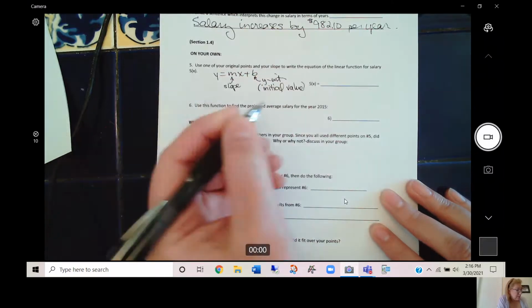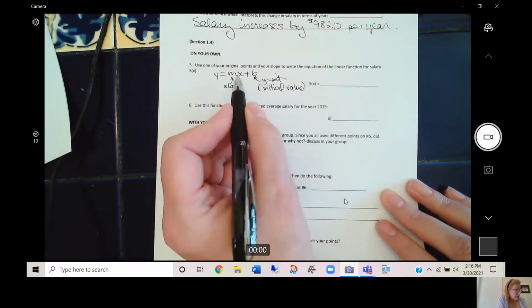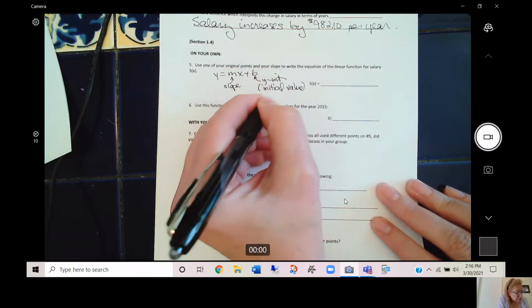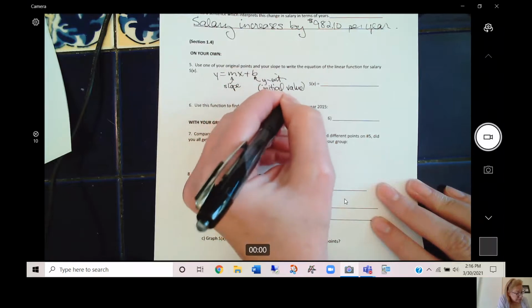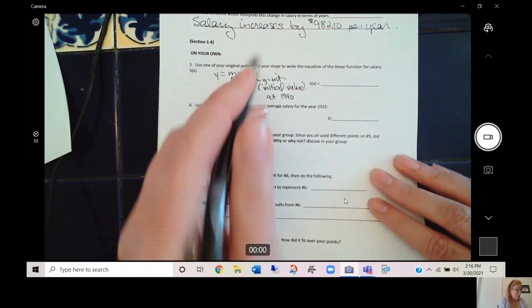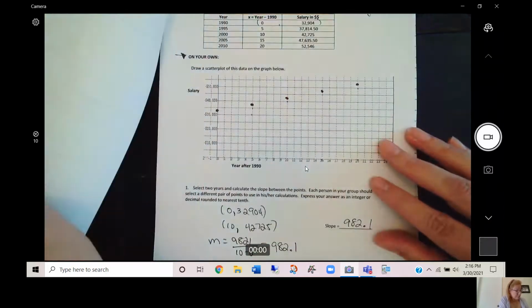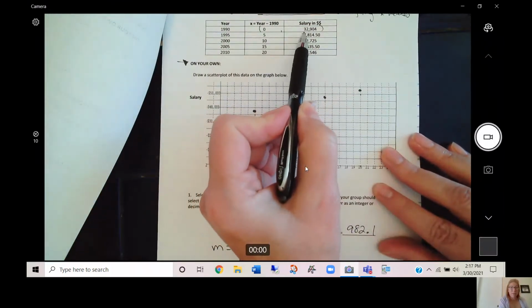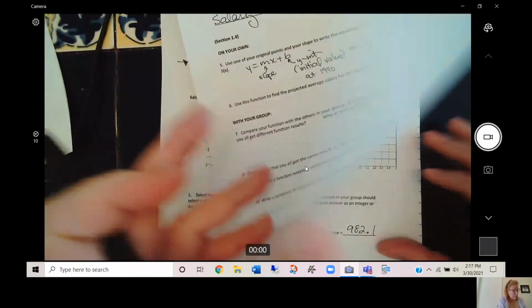Since they told us to measure the x values starting from 1990, this means what was the initial value in that year, 1990. So let's look at our chart and we can figure that out. So in 1990, right here, the starting salary was $32,904.